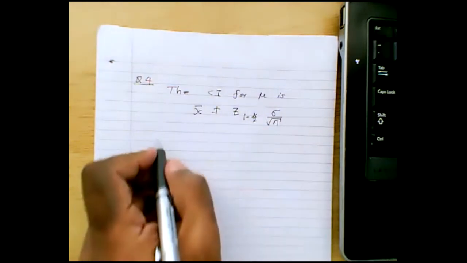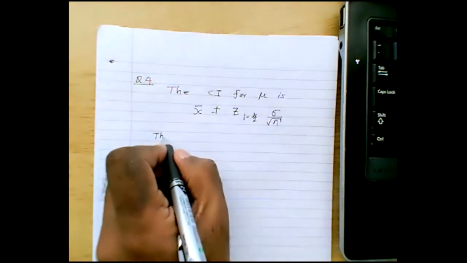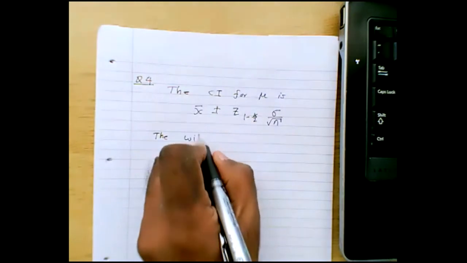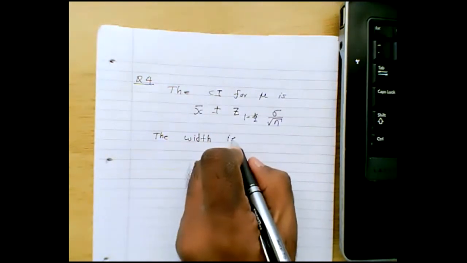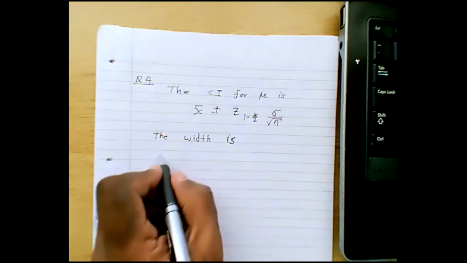So the width of the confidence interval is the difference between the upper limit and the lower limit.